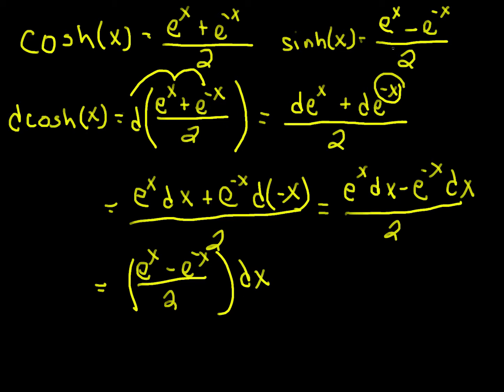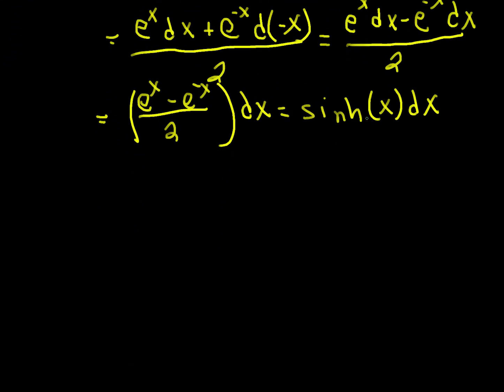And this is what we define to be hyperbolic sine. So, similar to our trig functions, the derivative of hyperbolic cosine is hyperbolic sine.